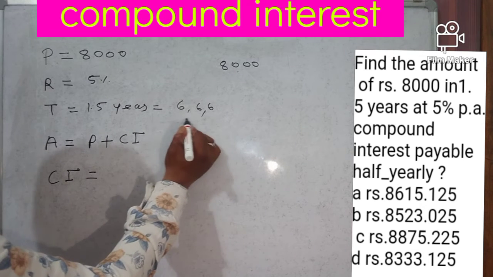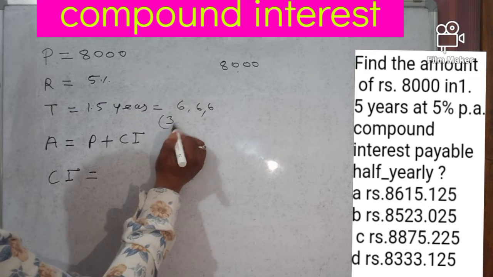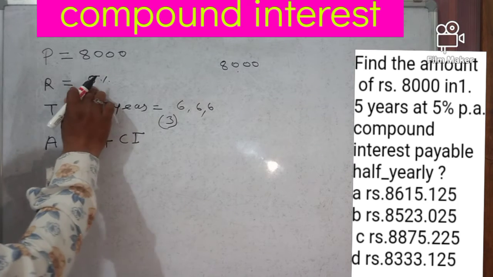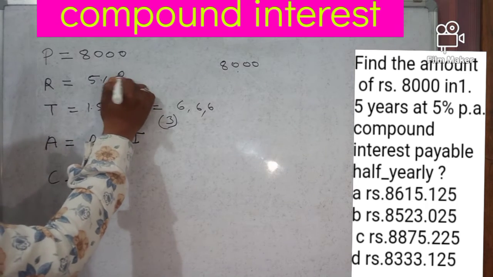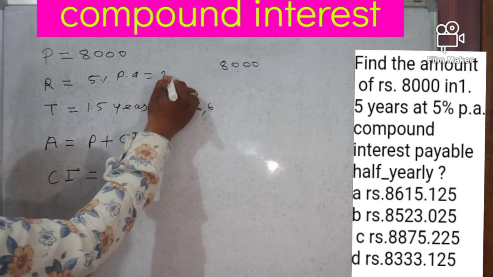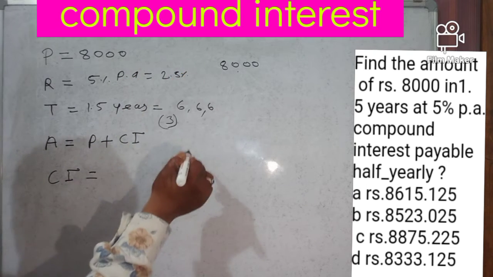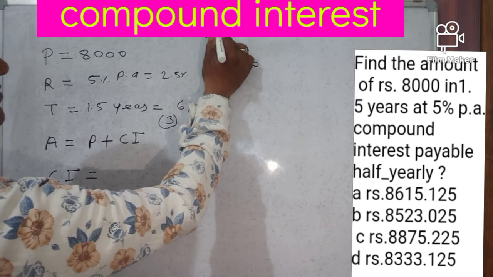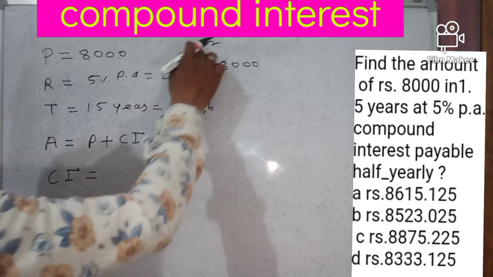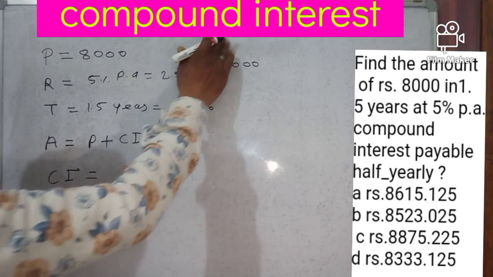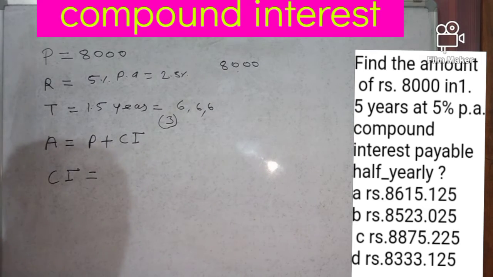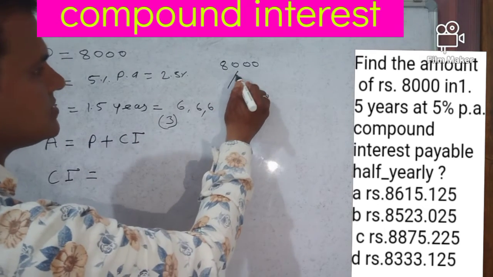No, 18 months, so the number of periods is 3, so keep here 3, right? And 5% per annum, half yearly will be 2.5%, because for half yearly we divide 5% by 2, so it will be 2.5%.